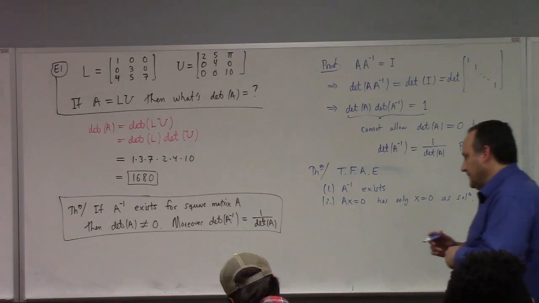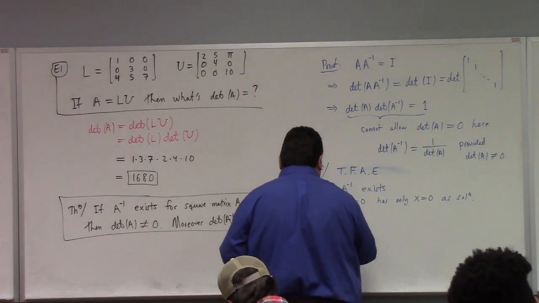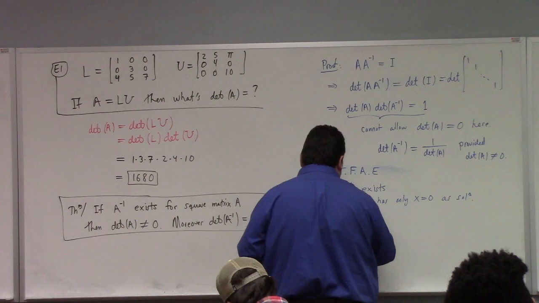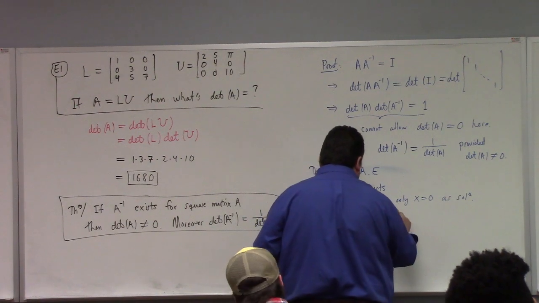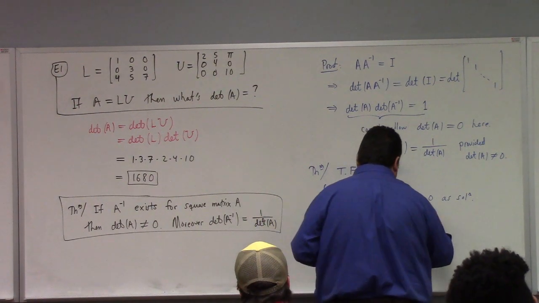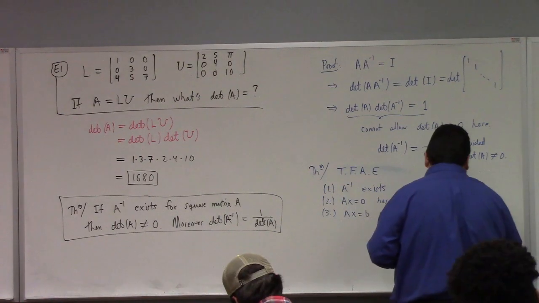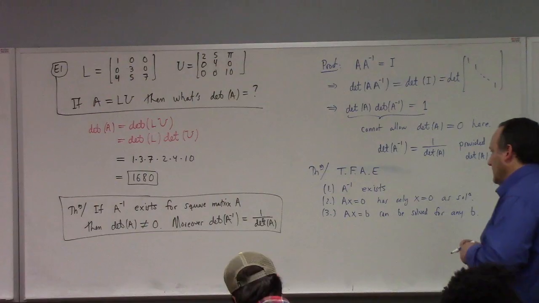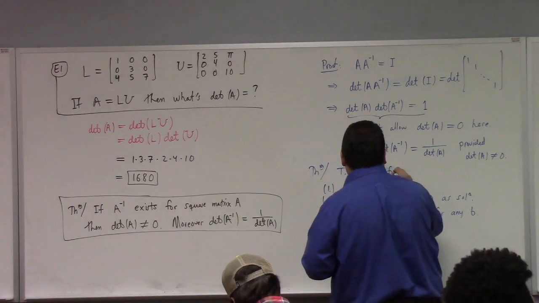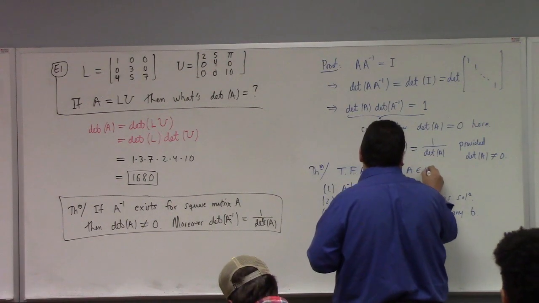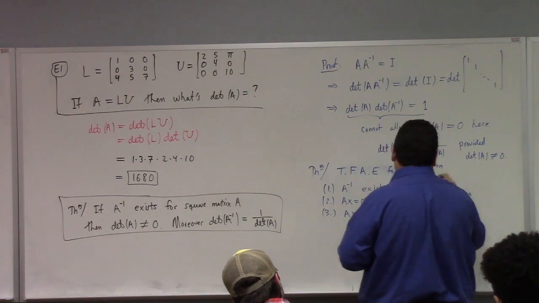Number 3, AX equals B can be solved for any B, right? And this is the following are equivalent for an n by n matrix, to be clear, context here. We're talking about a square matrix.